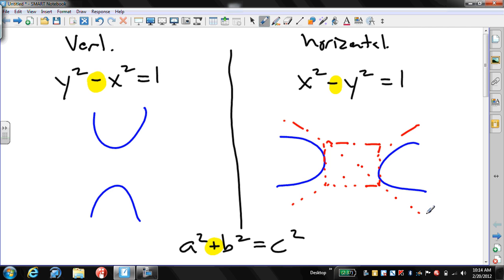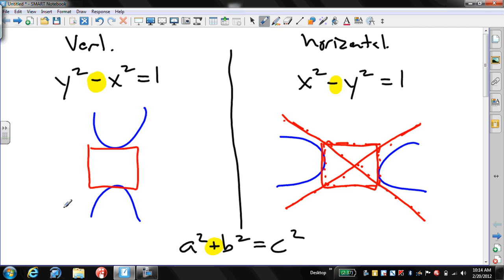Now that's a very crude picture here. Let me just draw it in straight lines to show you what's happening. So all the red is really just guidelines, and over here we have the same, and it's going to look something like that. Just a very schematic of what it looks like.